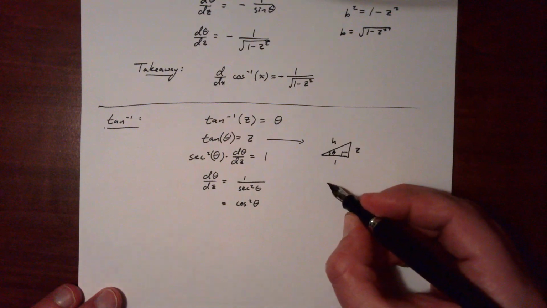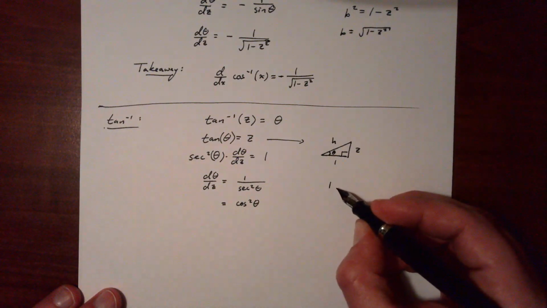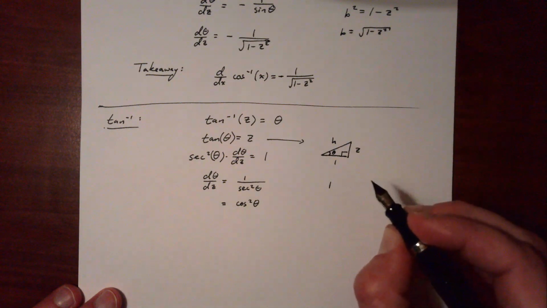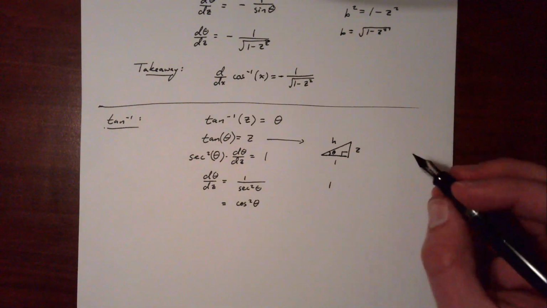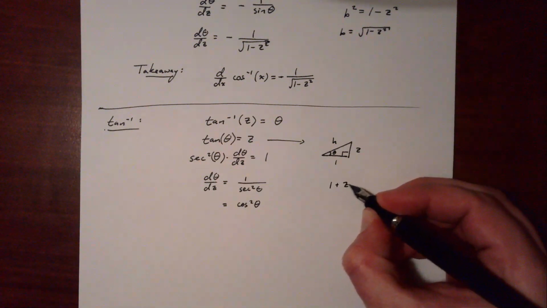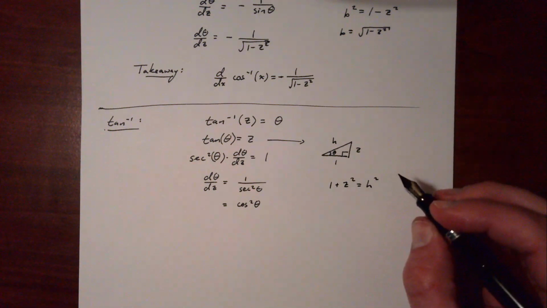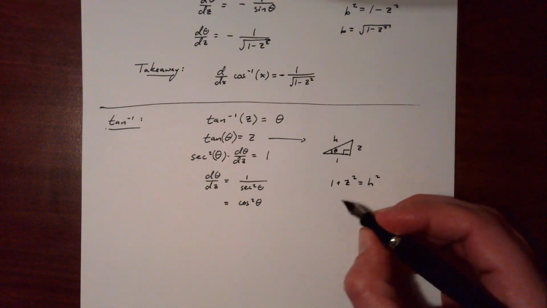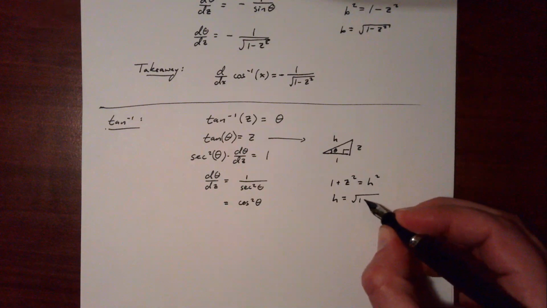So the hypotenuse on this is going to be the result, once again, of the classic Pythagorean theorem. And so what we get is 1 squared, which is just 1 plus z squared, equals h squared. And now what that means then is that h equals the square root of 1 plus z squared.